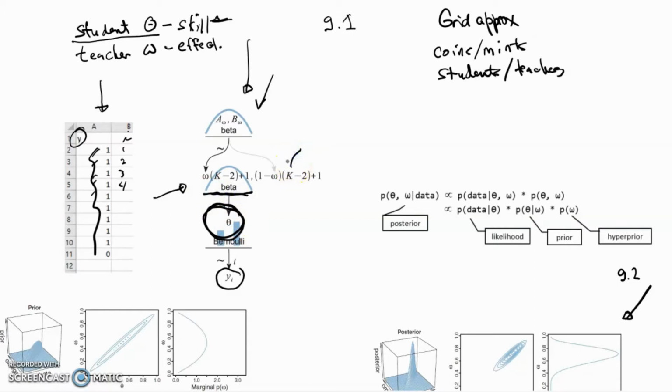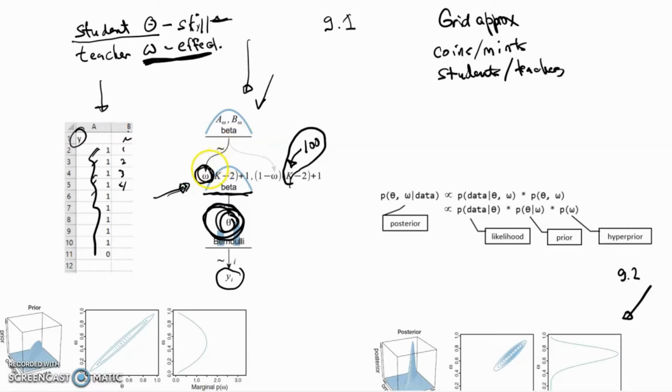It's going to have a k value, which, to keep things simple, we're going to set as 100. And then we're going to have this omega value, the effectiveness of the teacher. And so theta is going to be dependent upon omega. What we're going to see with a very large k number is that theta is going to be highly dependent on omega.